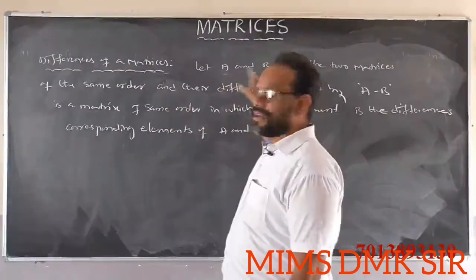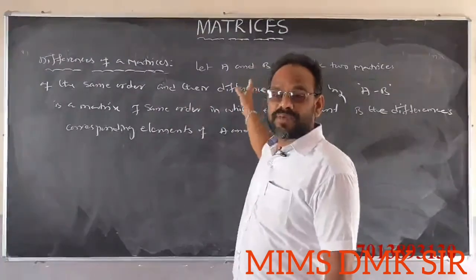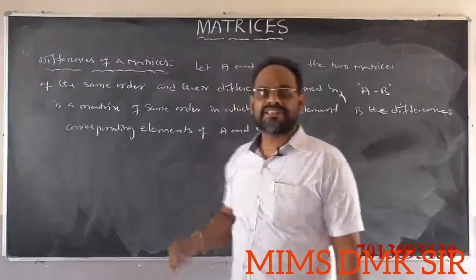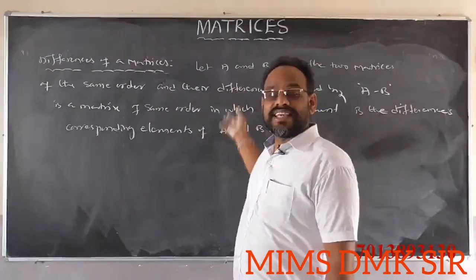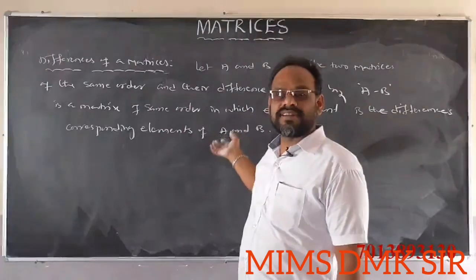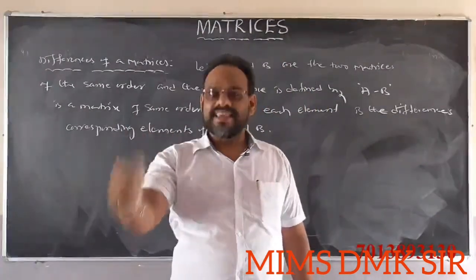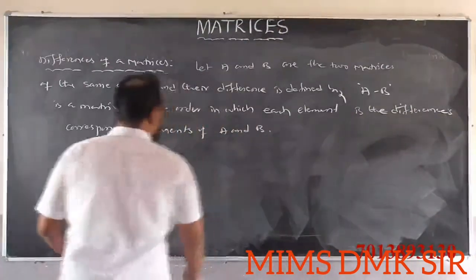So A and B are two matrices of the same order. Then their difference is denoted by A minus B, a matrix of the same order, in which each element is the difference of the corresponding elements of A and B. Observe here.